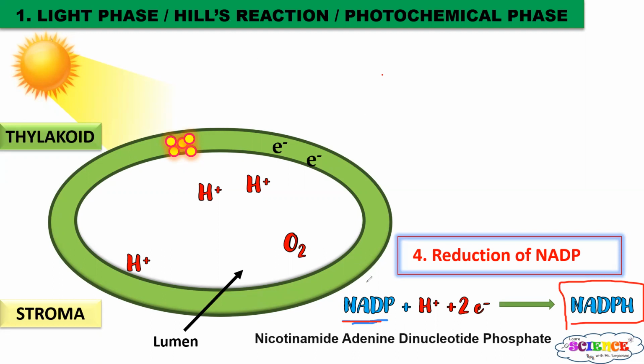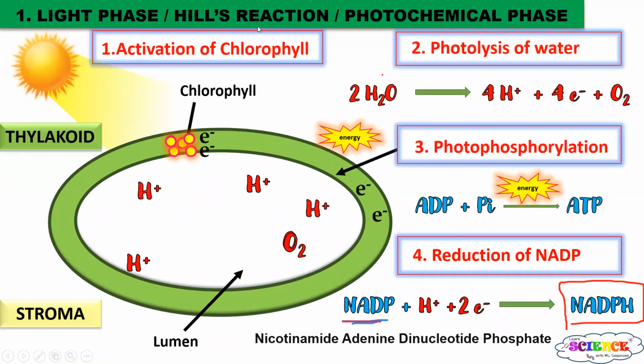So here we saw whatever is produced in the thylakoid during the splitting of the water molecule is converted into some other substance. The two products of the light reaction are ATP and NADPH. Of course, how can we forget the third one, that is oxygen. Oxygen is released out.